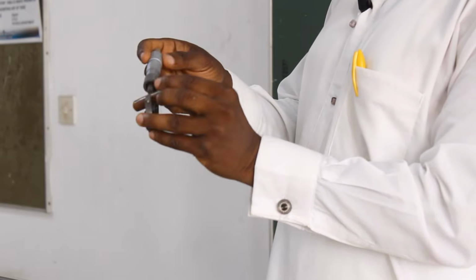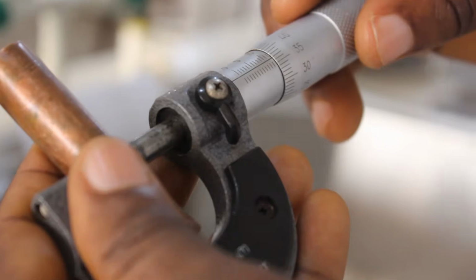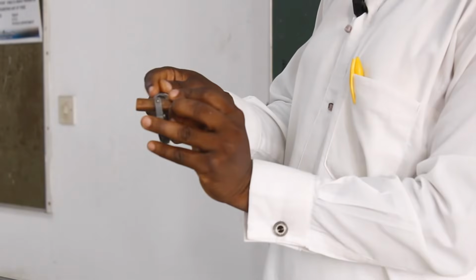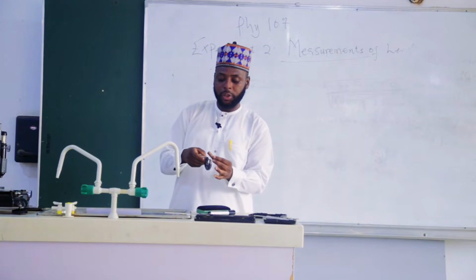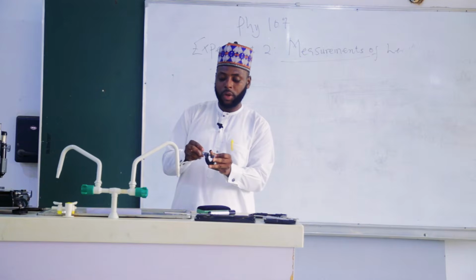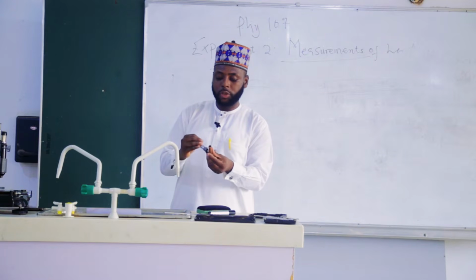So you need to rotate the ratchet until it clicks, and since you'll be taking this measurement more than once, it's better you are consistent with your measurement by ensuring the same pressure all throughout the experiment.